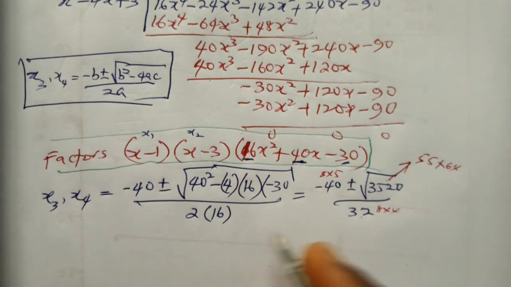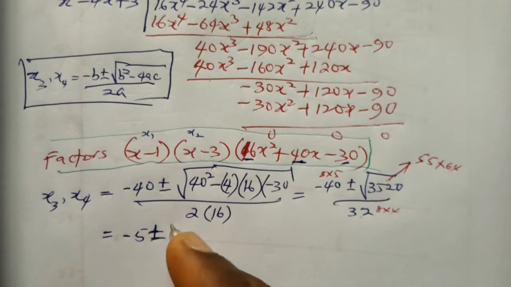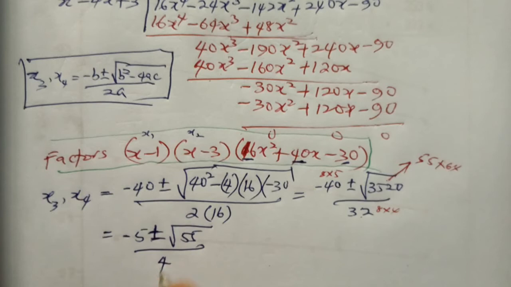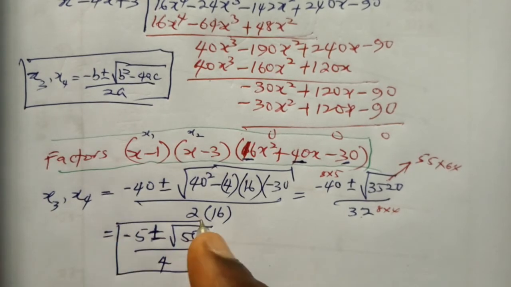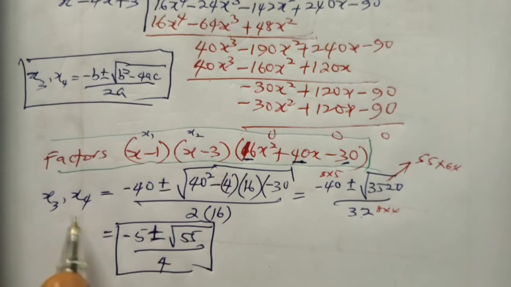So we'll be left with x3, x4 as minus 5 plus or minus square root of 55 all over 4. That's what we have. So x3 is minus 5 plus square root of 55 over 4, x4 is minus 5 minus this.